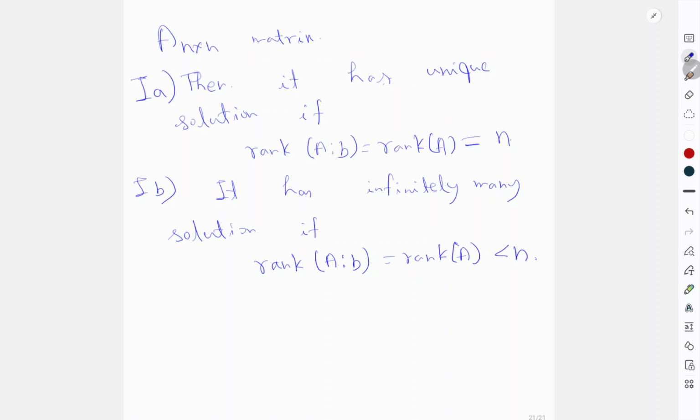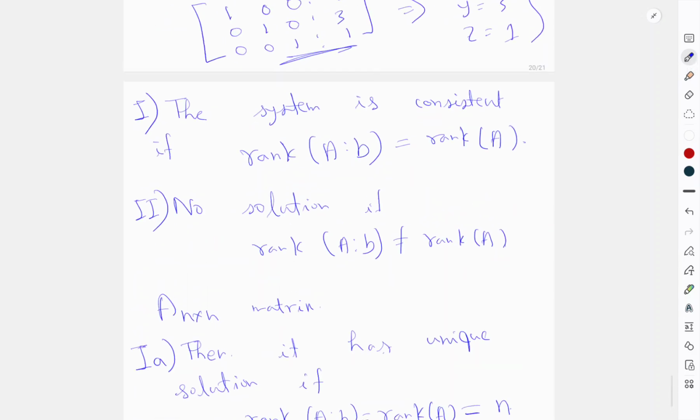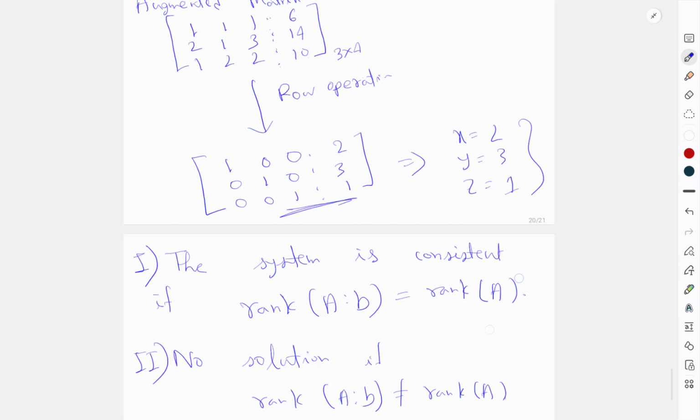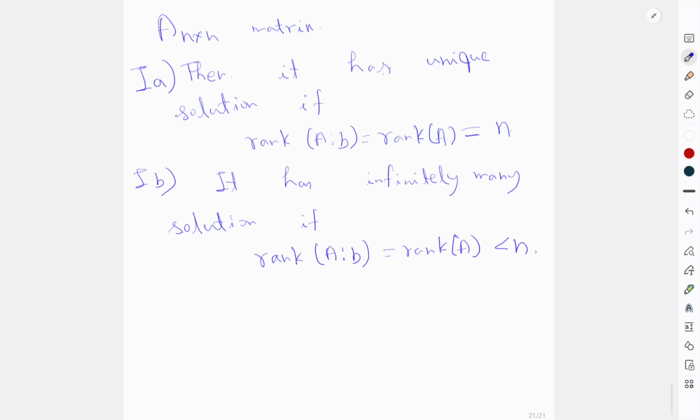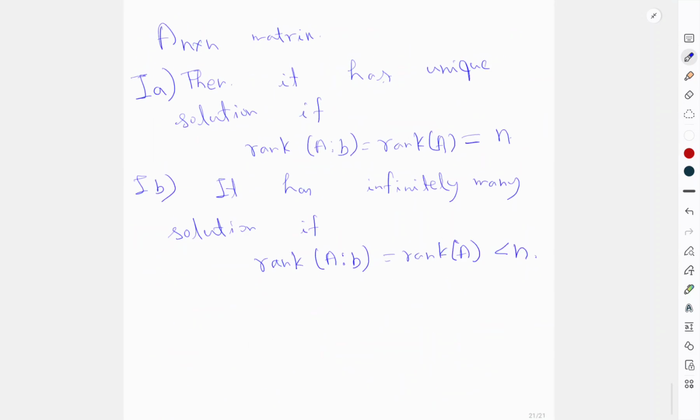Then it has infinitely many solutions. This thing you have to remember. So this is the problem I am giving you to solve.